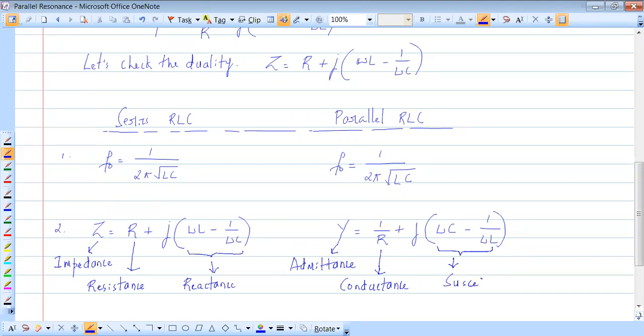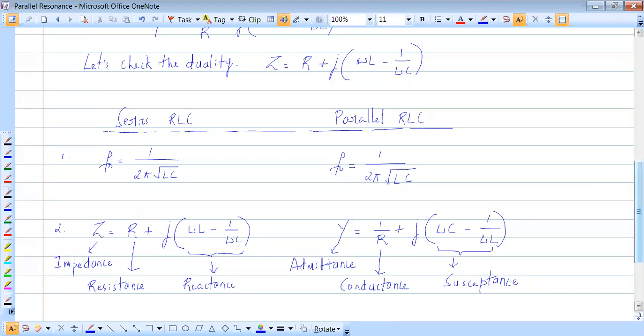It is called susceptance. So if we have impedance, it would become admittance. If we have resistance, it would become conductance. And if we have reactance, it would become susceptance. Everybody okay with this? So in parallel RLC circuit, we talk about the susceptance. In series RLC circuit, we talk about the reactance. So get to know these terminologies.